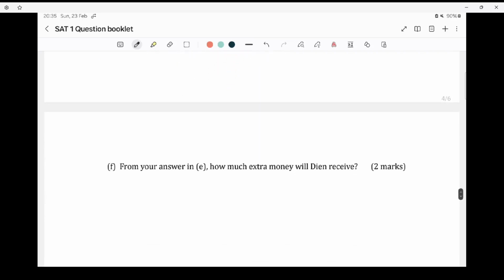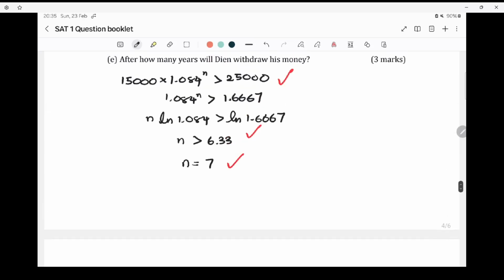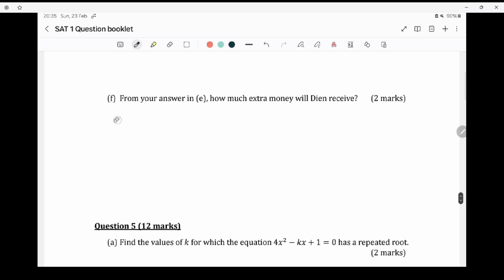From the answer in E, how much extra money will Dean receive? So you calculate T7 following the formula. T7 will be 15000 times 1.084 to the power 7. So that is this value.